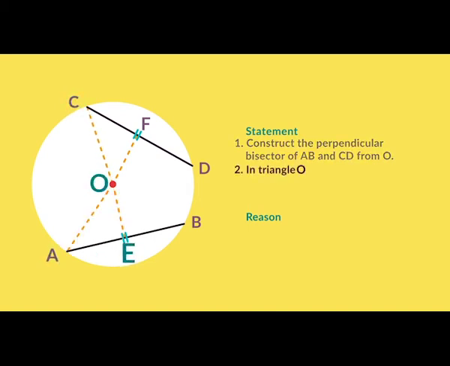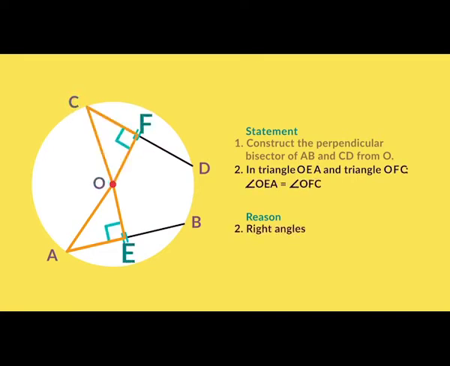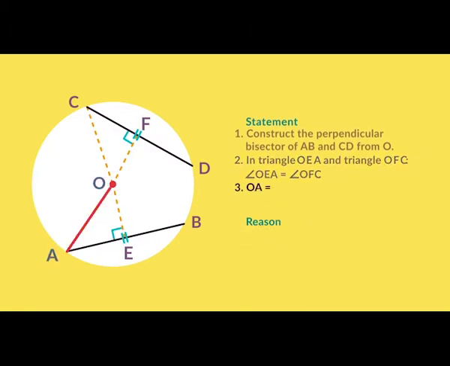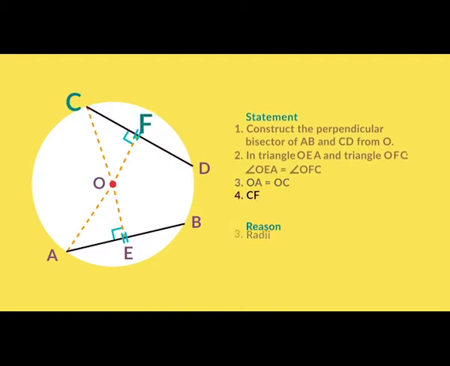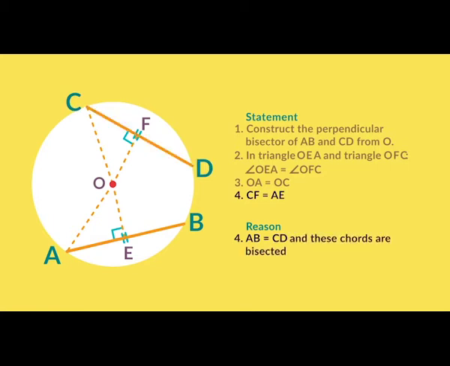In triangle OEA and triangle OFC, angles OEA and OFC are equal because they are right angles. And we know OA equals OC because they are radii. CF is equal to AE because AB is equal to CD and these chords are bisected.